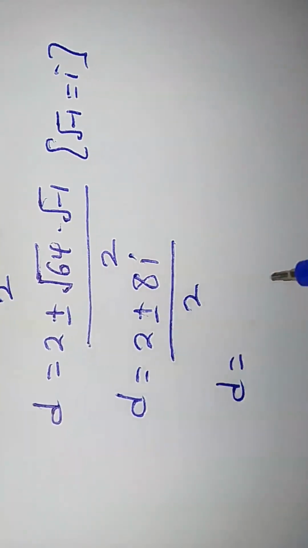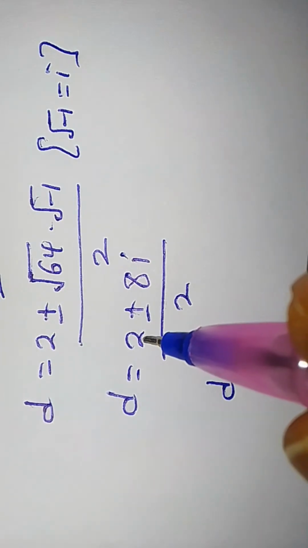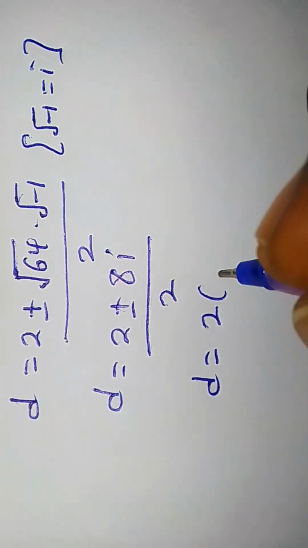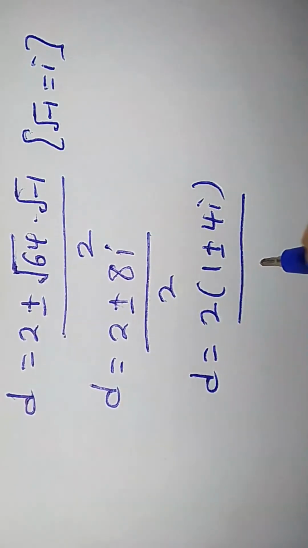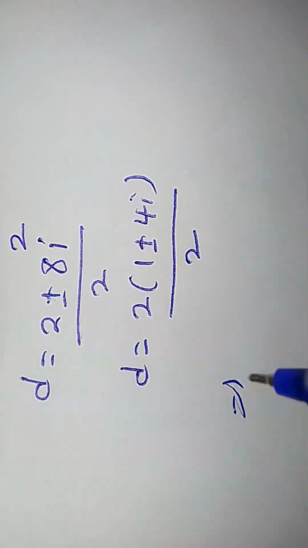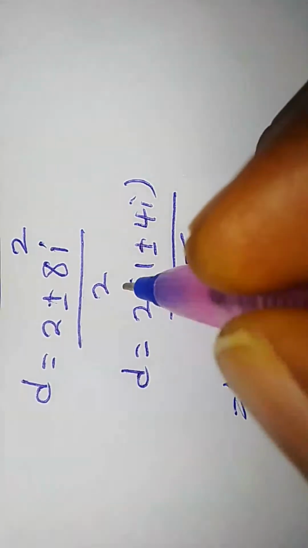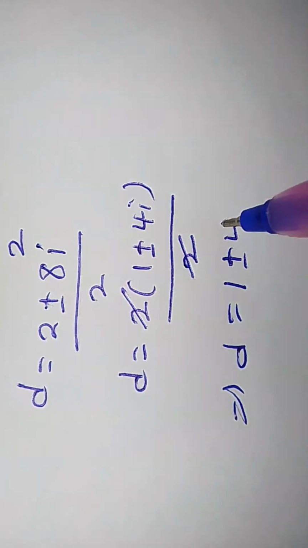It is possible to pull out 2 from this numerator, so that will be 2 times (1 plus or minus 4i) divided by 2. This implies that d is equal to, clearly 2 cancels 2, we are left with 1 plus or minus 4i.